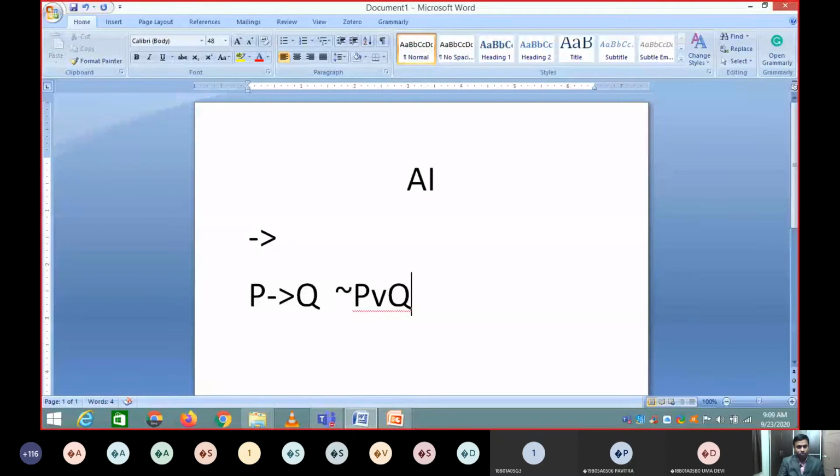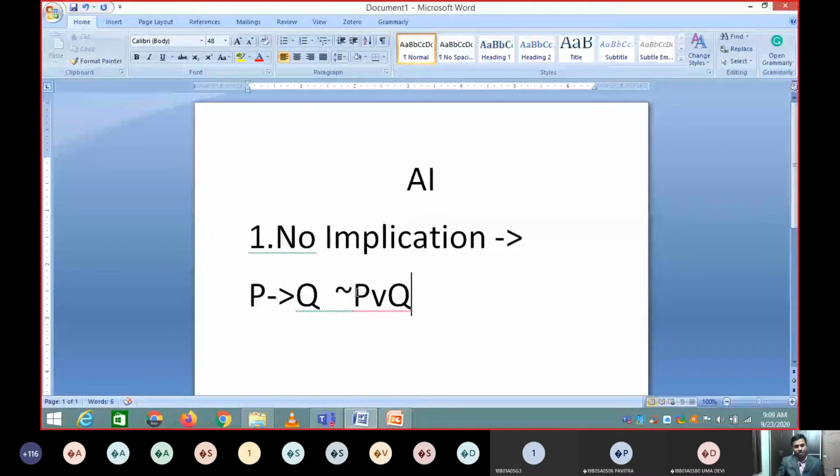The first step says you should not have any implication while you are performing this mechanism. No implication must be there. So whenever implication is there, we will do this part. This is what you know already.